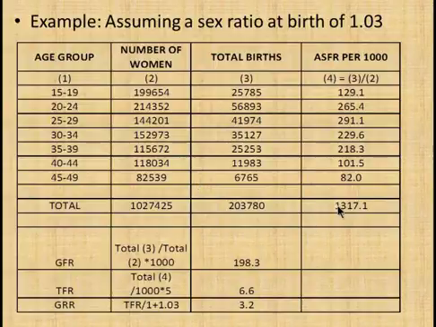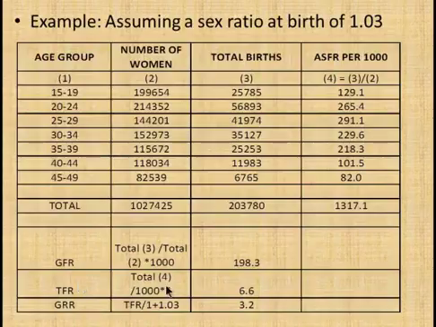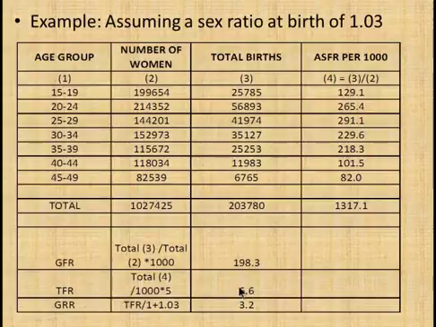After summing them, you divide by 1000, and because they are in 5-year age groups, remember to multiply by 5. And our total fertility rate is 6.6. You have to prove this using your calculator.